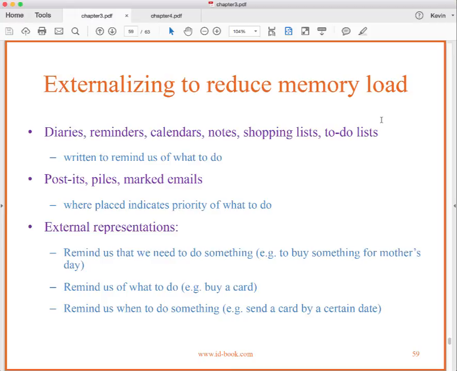We can use Post-its, piles, flagged emails, where it's going to indicate some kind of a priority or some kind of a synchronization of what to do. External representations remind us that we need to do something. They remind us of what to do. They remind us of when to do it. So they're pretty darn powerful.